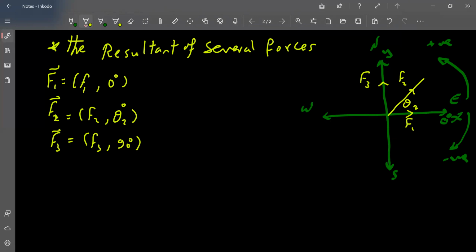F4 makes theta 4, measured from the positive direction of the x-axis to the force, moving counterclockwise. So we have F4 in its polar form, F4 and theta 4.